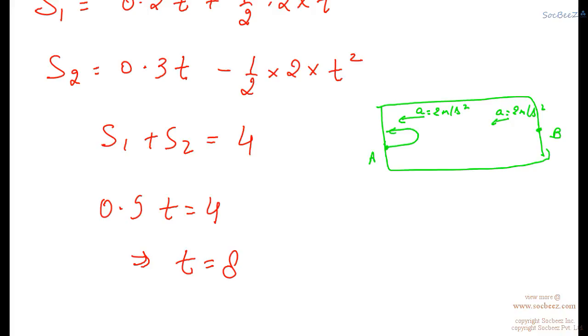Then this is ball B, this is ball A. Ball A will move back after some distance, and U is 0.3 meter per second. And in case of ball B, it is 0.2 meter per second.